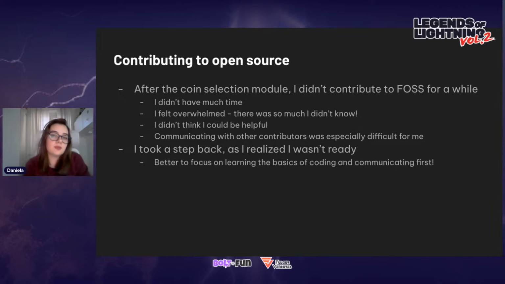After the coin selection module, I didn't contribute to open source for a while. I didn't have much time because I was working a full-time job in Brains. I felt really overwhelmed, both while working in Brains and also while looking at open source. I felt that there was so much I didn't know. I didn't even know where to start. I didn't think I could be helpful, and it was so difficult just communicating with other contributors because I was, first of all, a bit shy.